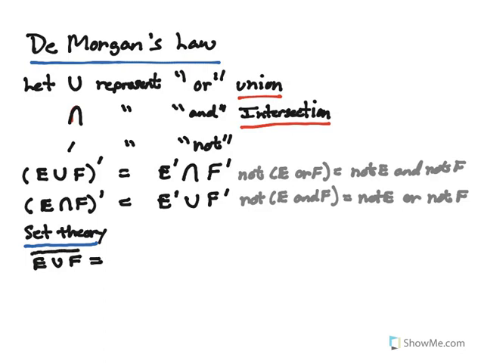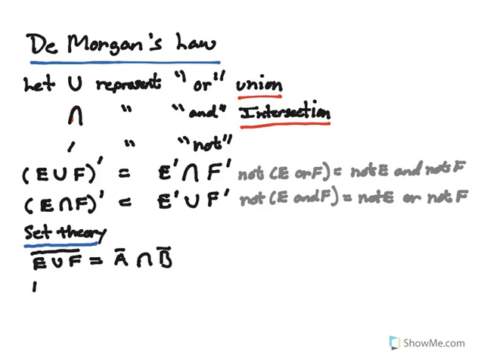Or you can use the bar over just the sets, and that's equivalent to the intersection of the complements of A and B. So that is one way you can do it.